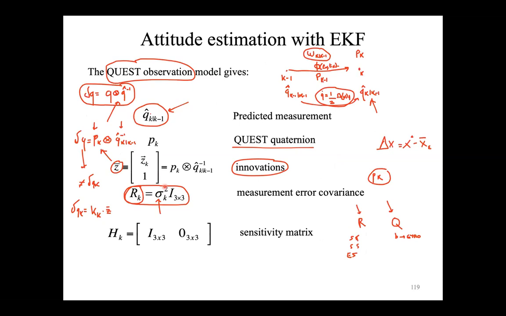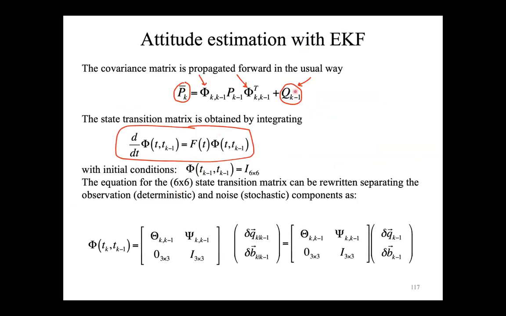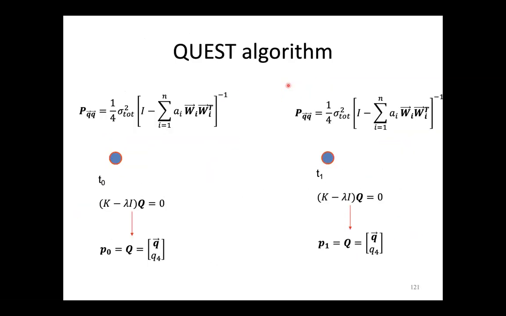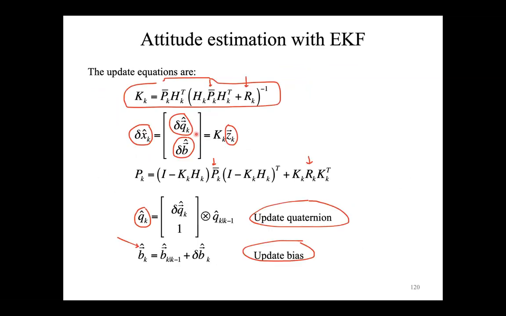Since usually R k is known because you know the accuracy of your attitude sensor, usually you can scale your Q in order to determine what is the actual scale factor or your actual accuracy of your gyroscopes compared to the star trackers, for example. One way to determine Q is an assumption that we're going to see later.